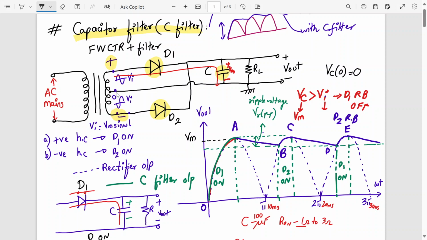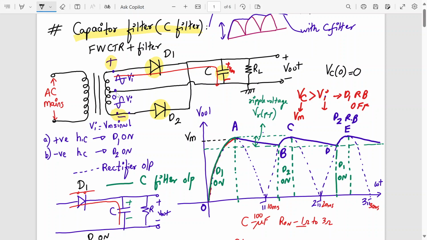Is it on? No, see, this capacitor cannot charge further. Till Vm it will charge. After that, whether the diode remains on in the positive half cycle from 0 to pi, the capacitor cannot discharge through the diode, because the diode does not allow back current to flow.